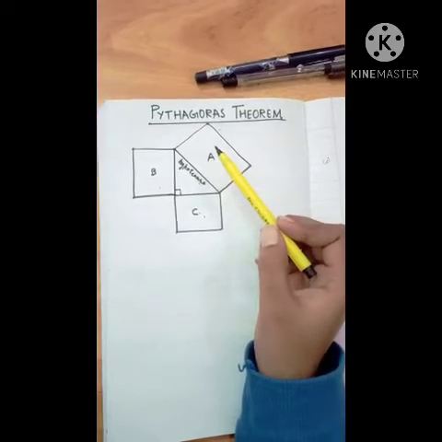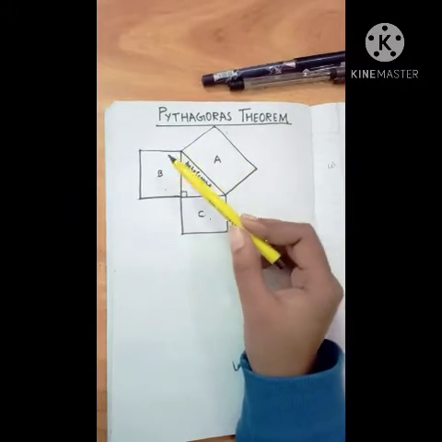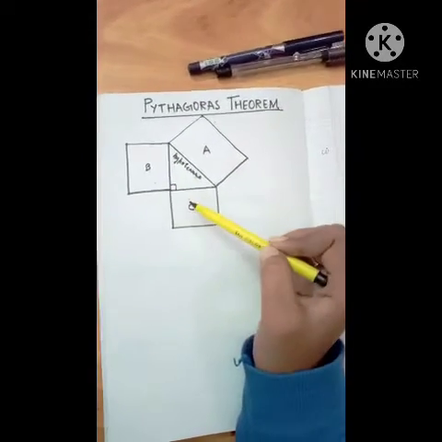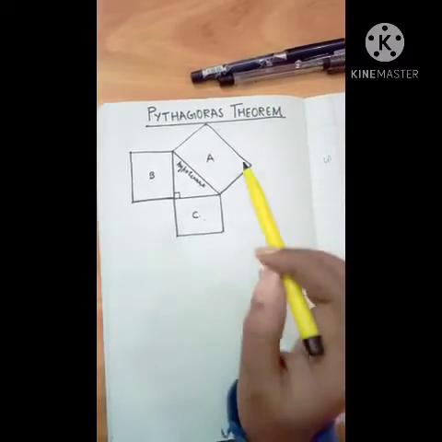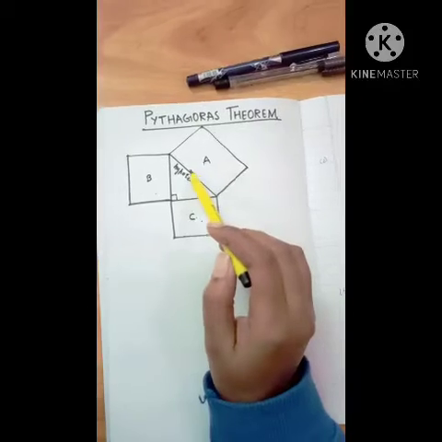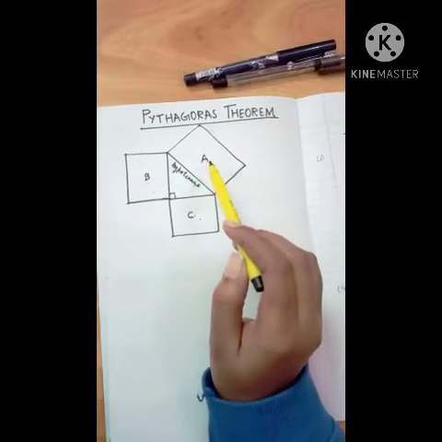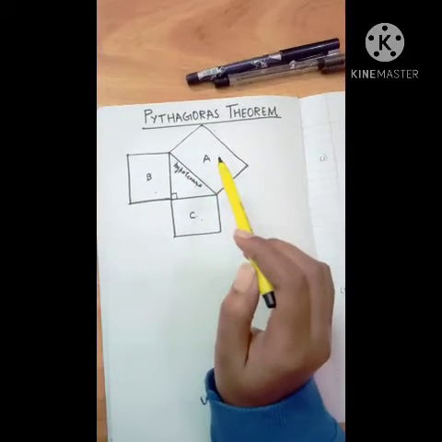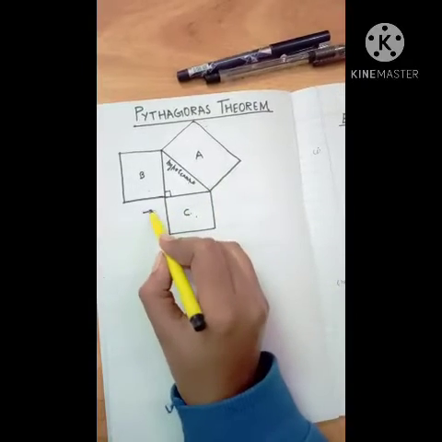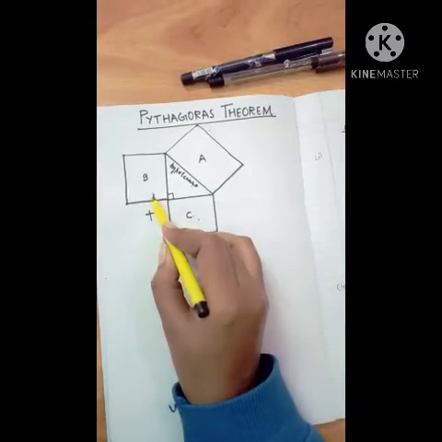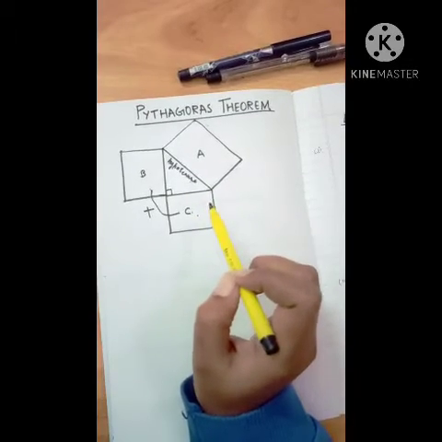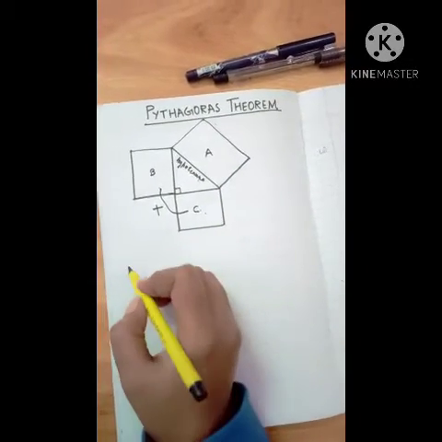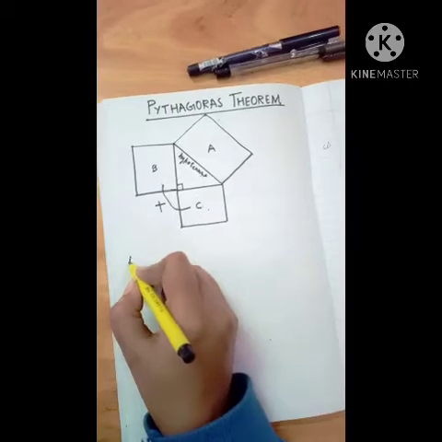The biggest square has the same area as the other two squares put together. So the Pythagoras theorem says that the area of the square on the hypotenuse of a right angle triangle is equal to the sum of the areas of the squares on the other two sides. That means, what?